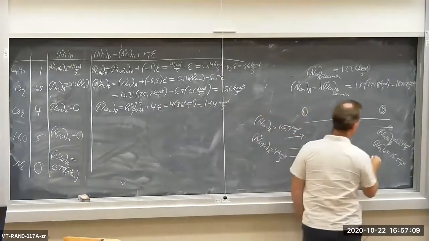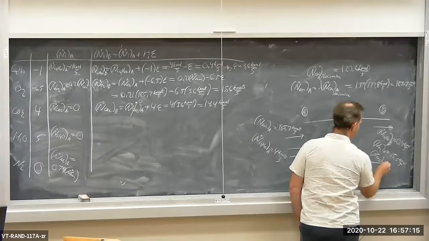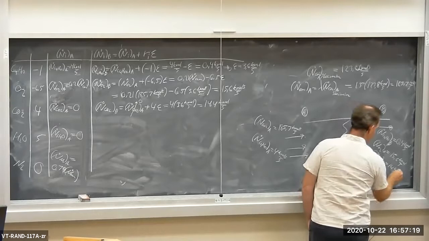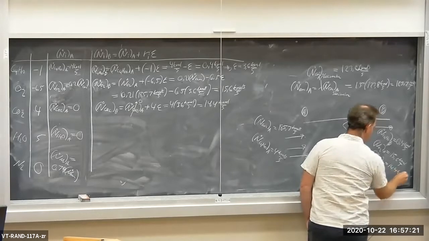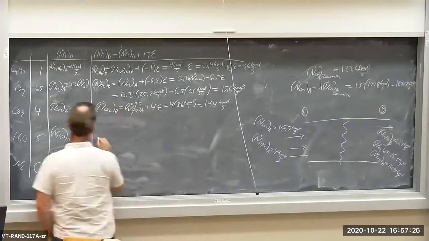So n dot for the CO2 in the products is 14.4 kilomoles per second. Let's do the H2O.